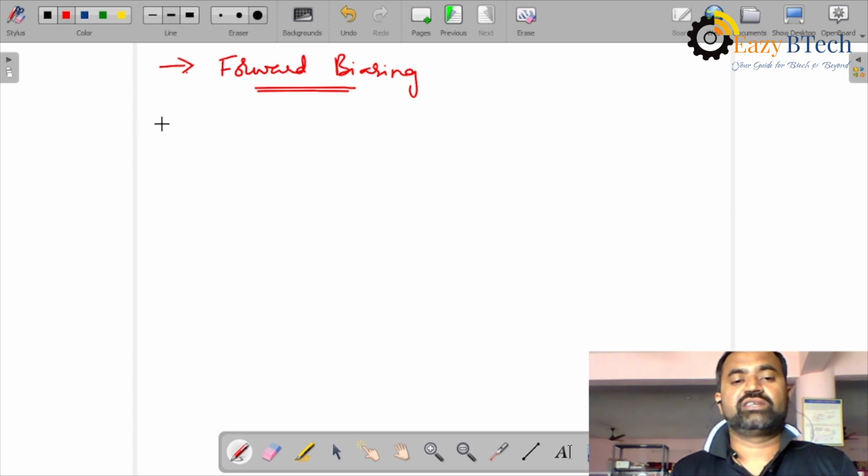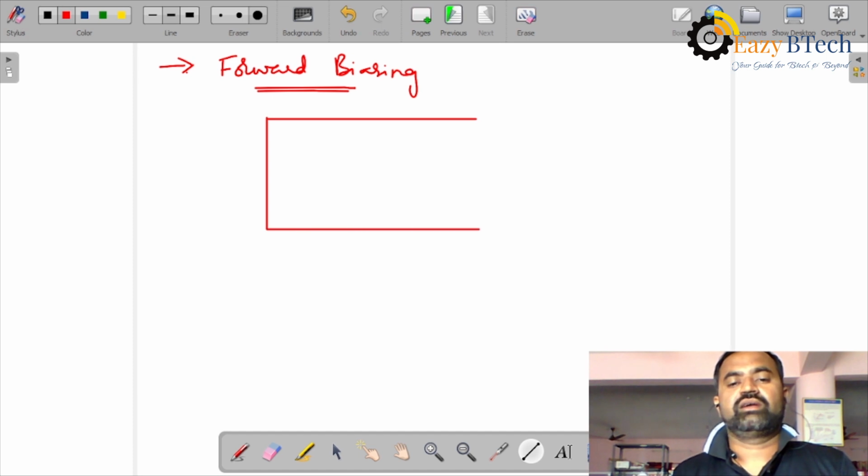Now we will see what is a forward bias. It is a PN junction diode.